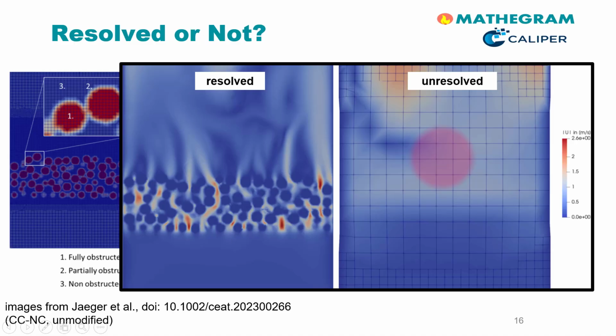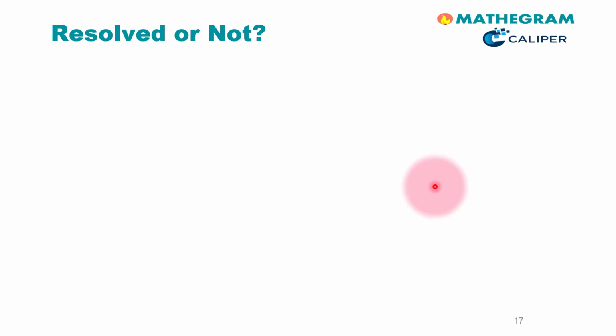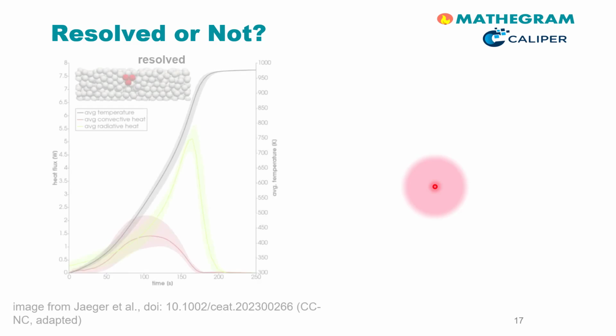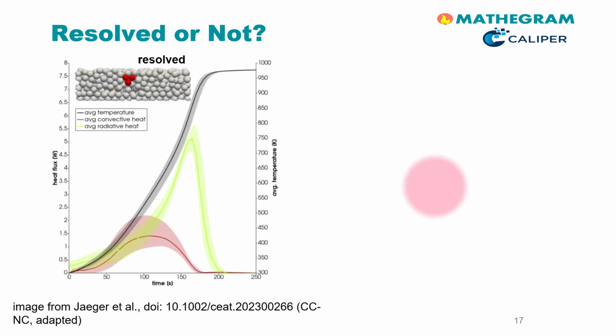We now progress to another important detail of the flow prediction, namely the temperature and heat flux distributions. Specifically, we focus on the time evolution of these quantities associated with the three particles that are colored here in red and that are located near the center of the bed here on the top.